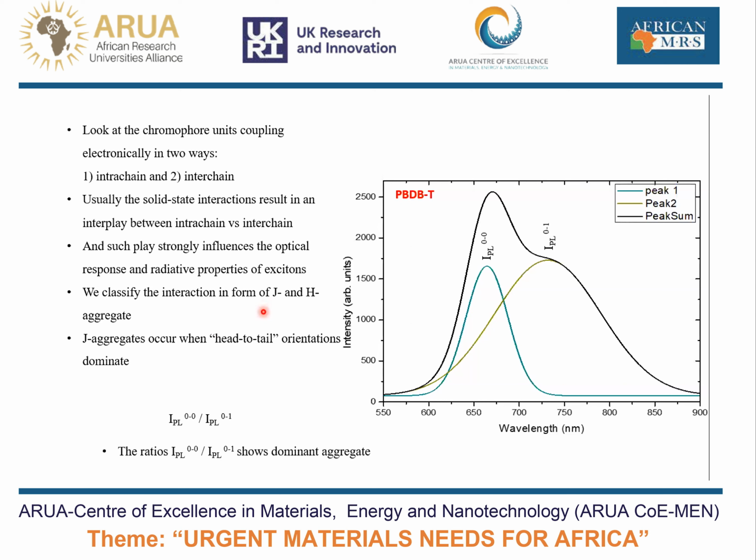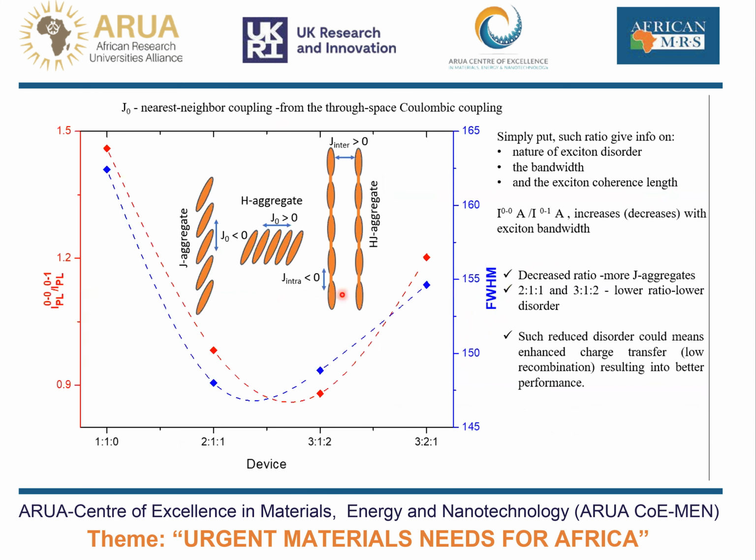And if you have head to head or tail to tail, we can classify it as an H aggregate. The proportion of how much we have can be obtained using the ratio. So if you have a low ratio of the first peak to the second peak, then it means that you have a J orientation or J aggregate where the molecules are facing one direction, and therefore these materials are much more regular or crystalline, and the flow of charge carriers is easier compared to the other case.